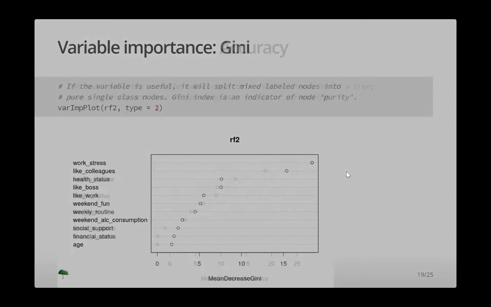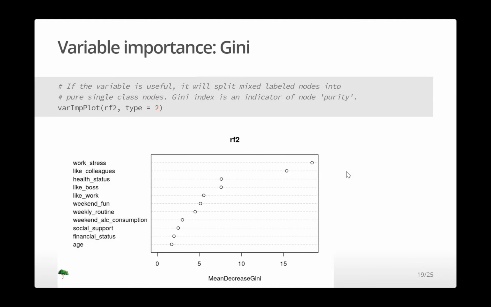And then the second output for variable importance is the Gini index. This one is an index of purity. The assumption here is that if the variable is useful, it will split mixed label nodes into pure single class nodes.